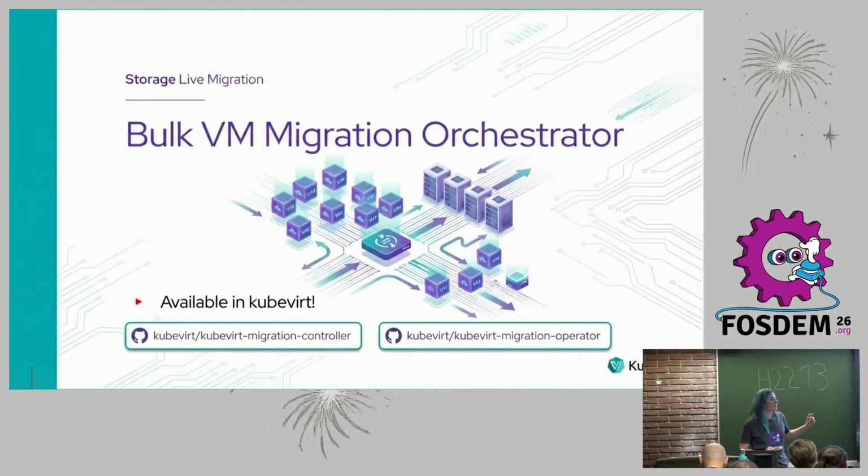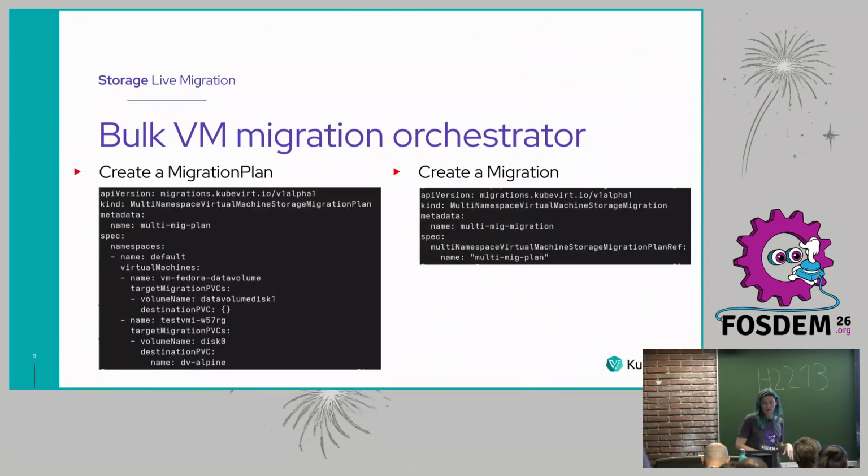So this was about migrating one VM. If you want to do it in bulk, we already have an orchestrator for that. It's available in KubeVirt. It's super fresh from the oven. You just need to install the KubeVirt migration operator. It will install the controller and all the CRDs you need. And you would just need to create a migration plan. In this case, I'm showing you a multi-namespace migration plan.